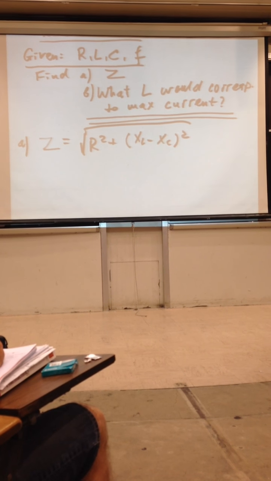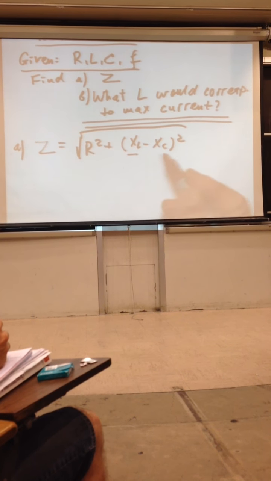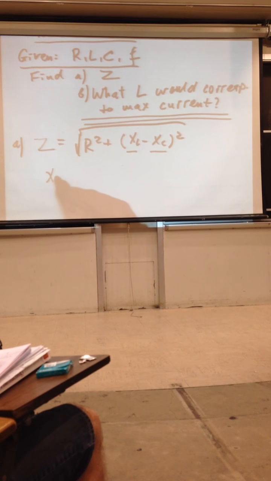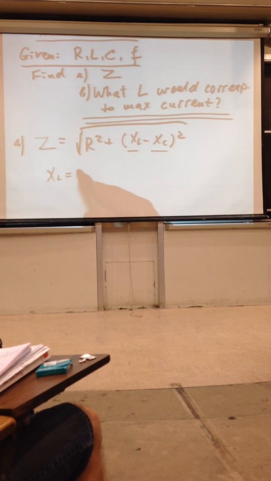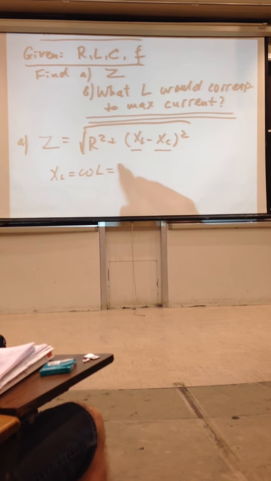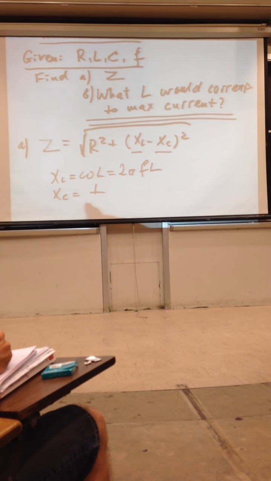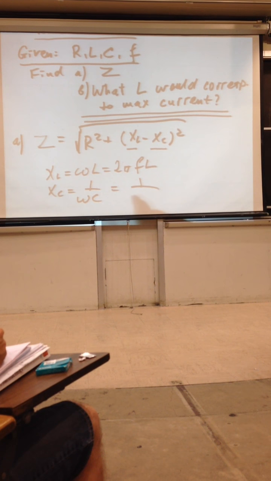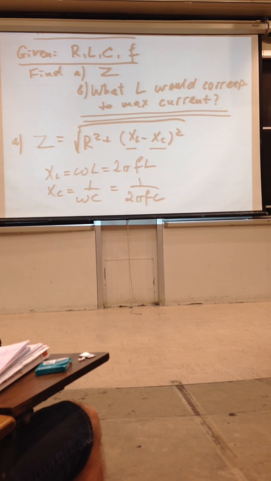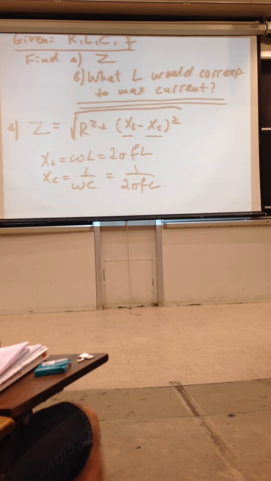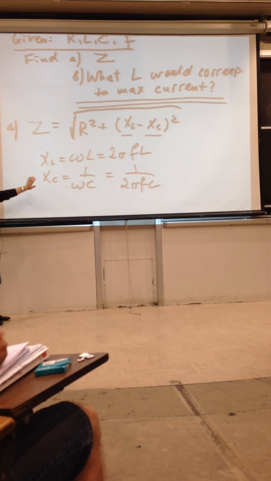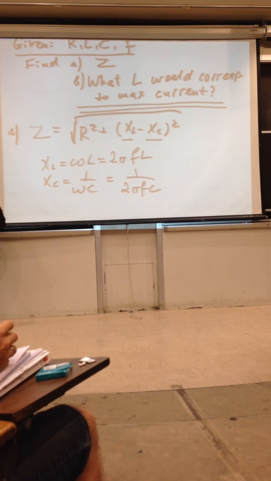And you should also know this is inductive reactance, capacitive reactance. Okay, everything is given. F is given, L is given, C is given. You can determine this and this, R is given. Okay, for part one, very simple.